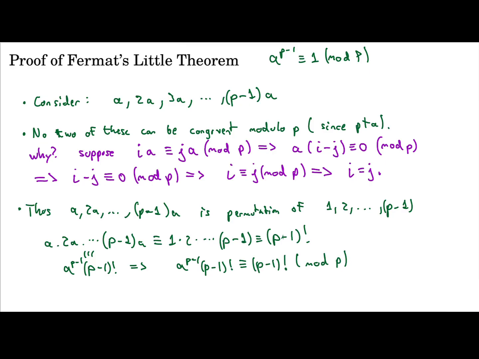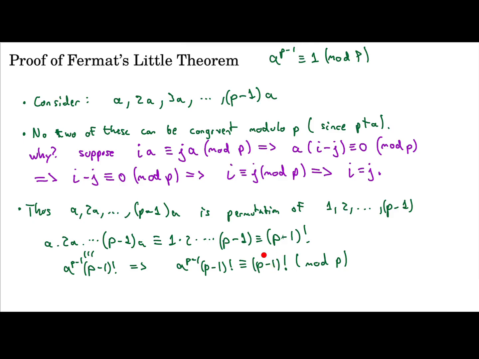But p minus 1 factorial, so it's all the numbers up to p minus 1. So none of these numbers are divisible by p, right? Because p is prime, and also they're in between 0 and p, so even before that. So that means that this is not divisible by p, which means that it needs to be co-prime with p, which means that this has an inverse.